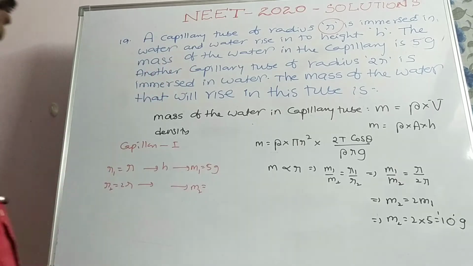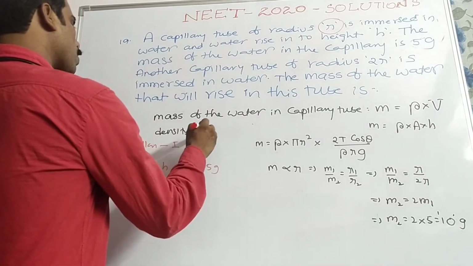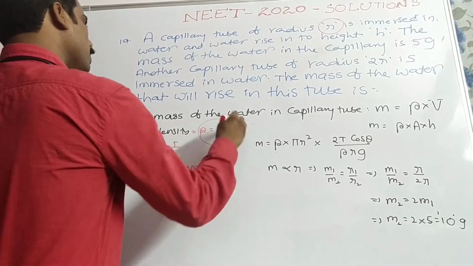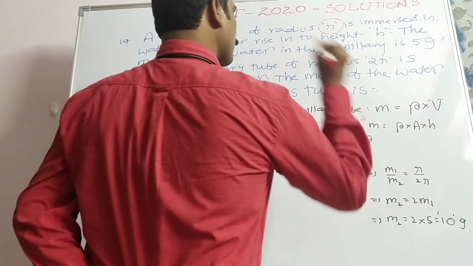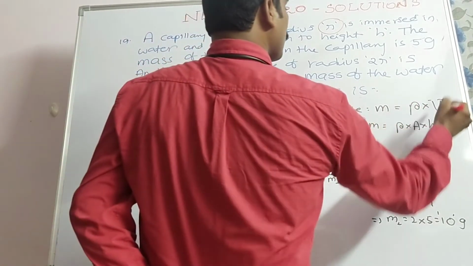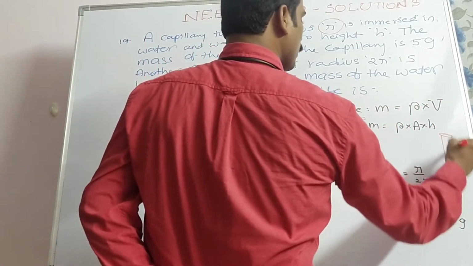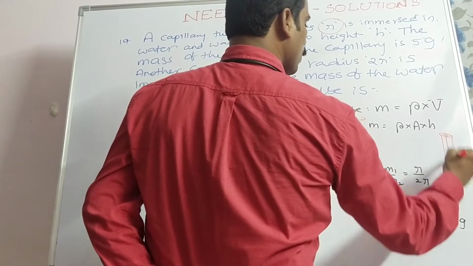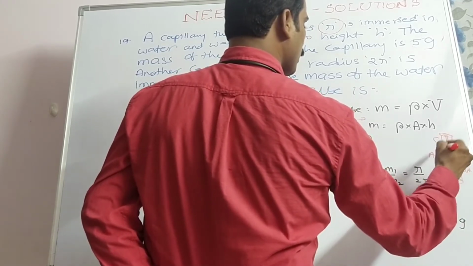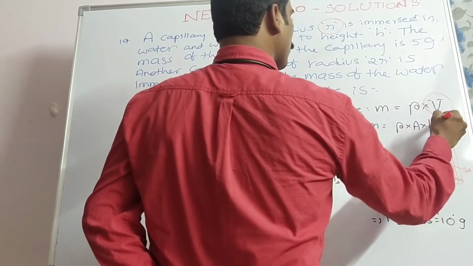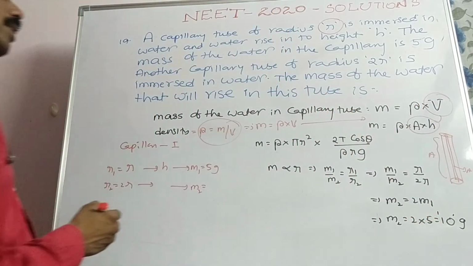The mass of the water can be written as, say, density ρ is equal to mass by volume. That implies mass is equal to density into volume. Here we have the capillary tube of uniform cross-section, so instead of volume we take area into height.